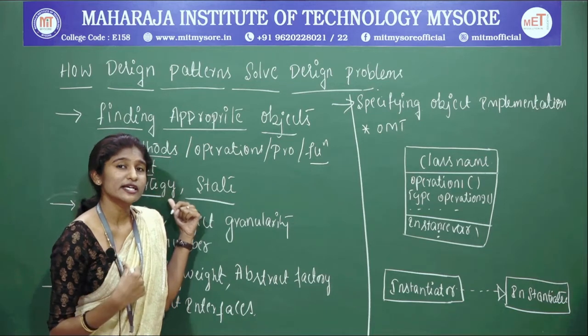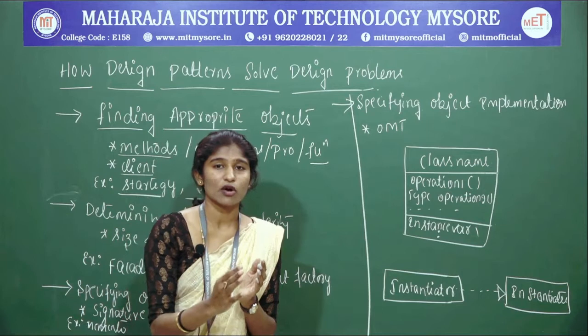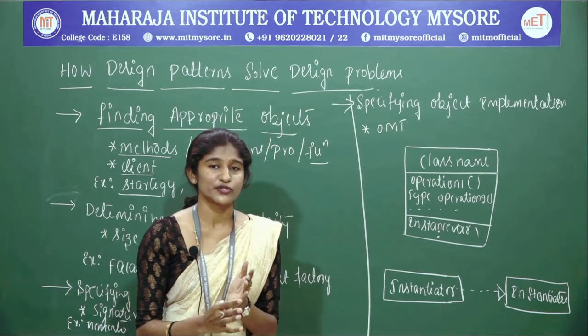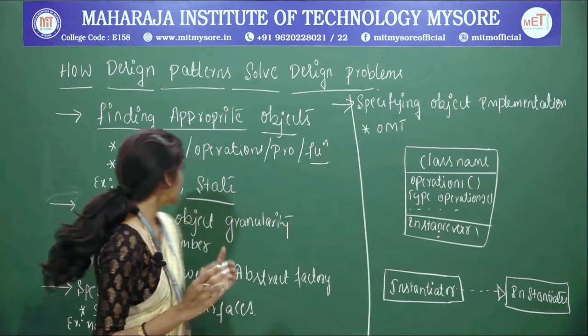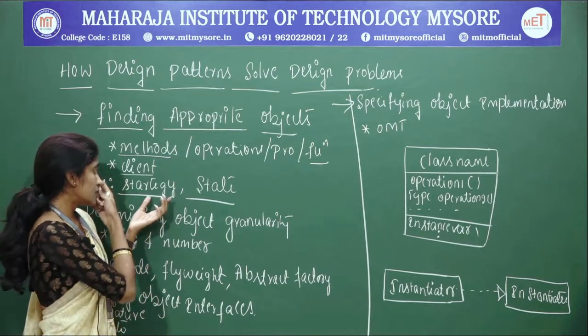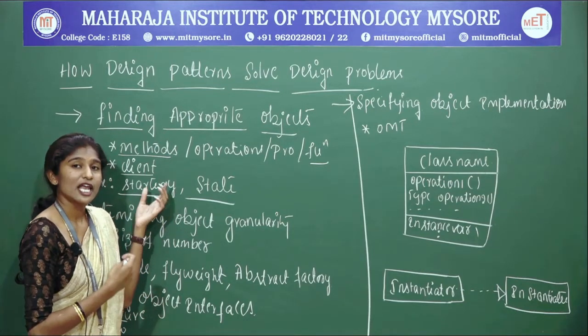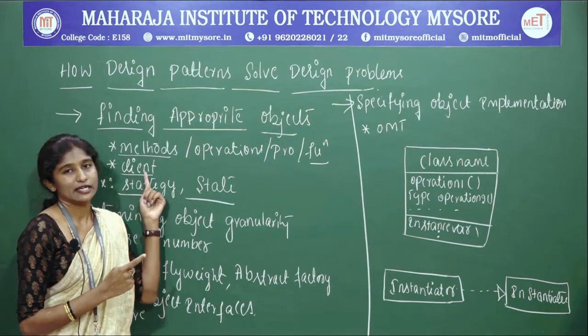It contains a collection of algorithms, and according to the problem situation, it is going to find the particular algorithm. That is why the strategy design pattern is used. This strategy design pattern helps you find the particular object in order to achieve the client request.